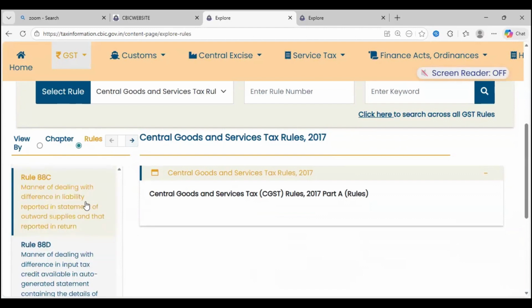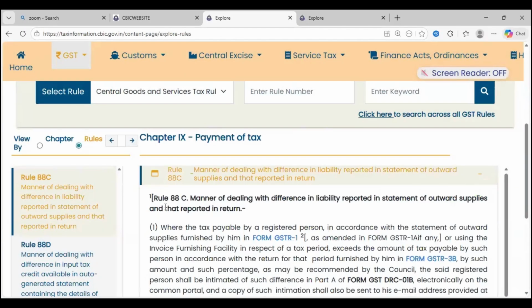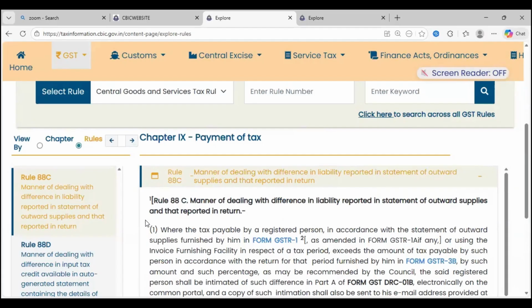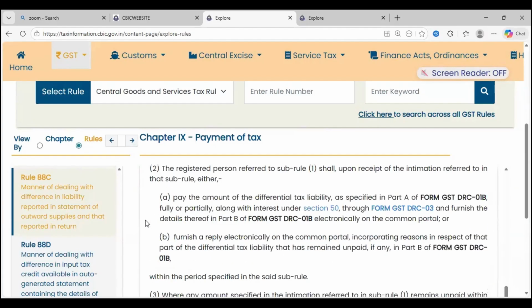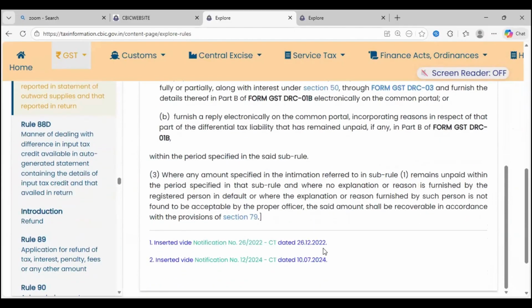Rule 88C, Rule 88D, dealing with difference in liability between the outward statement and the outward return reported, GSTR-1 versus 3B. So this particular rule came in somewhere in 2022.